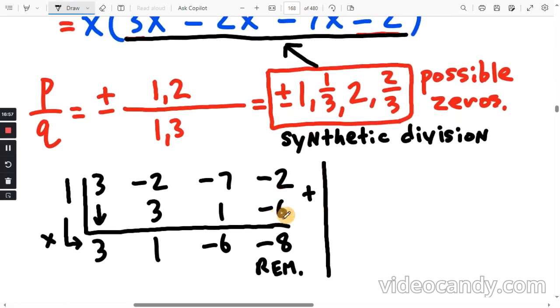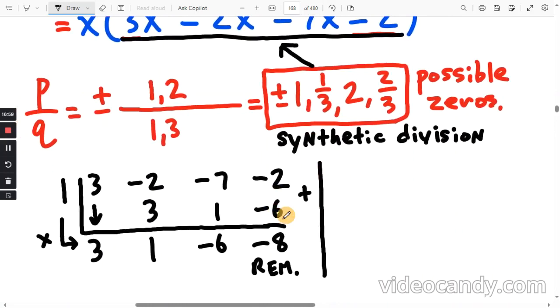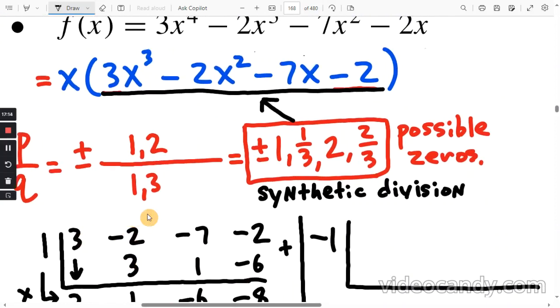And now we have to keep going, unfortunately. We have to keep going until we find one with no remainder. We tried +1. Let's do a -1. You make your bracket, leave enough space for 2 rows. We're still using the same function here, so it's the same coefficients.